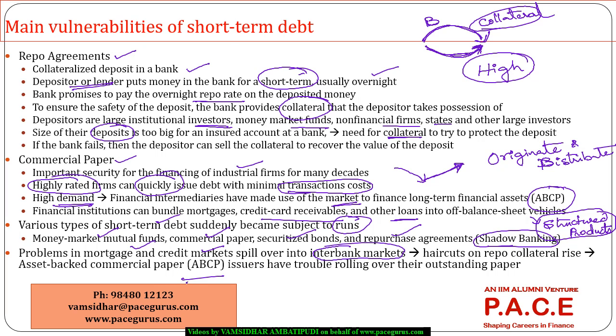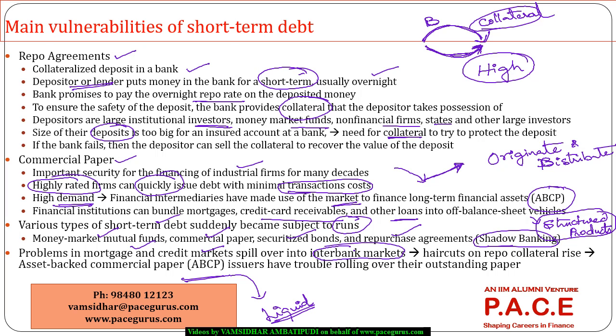Even asset-backed commercial paper, which was assumed to be the most liquid kind of financial instrument, easy to roll forward to the future, was facing serious hiccups in rolling over to the next period.